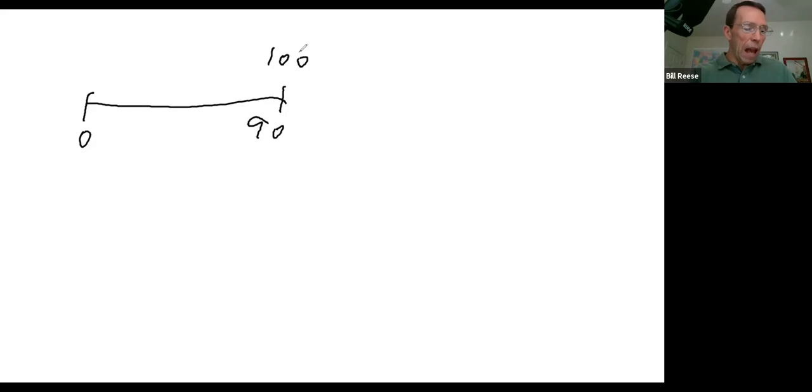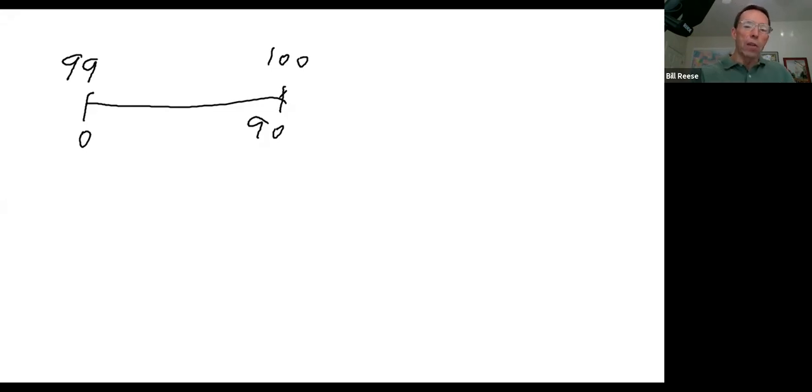If the face value is 100, then the price today, let's say, is 99, which means the price is 99% of the face value. There are no coupon payments here because there's never a coupon payment on a Treasury bill.